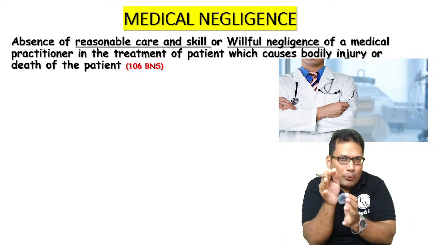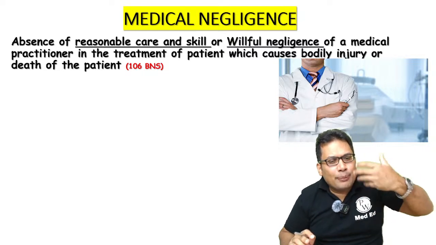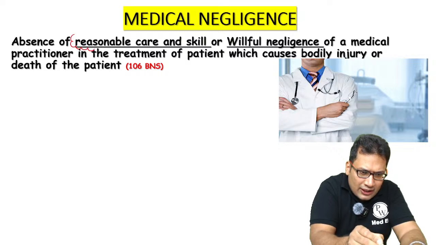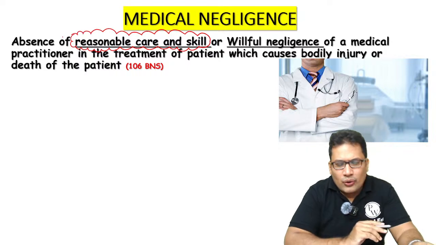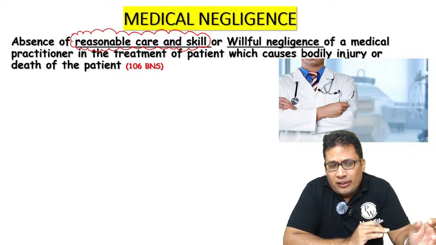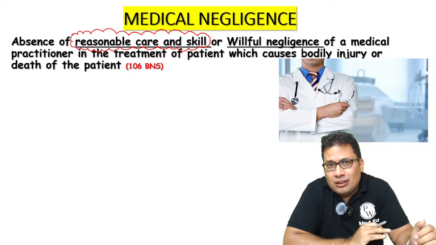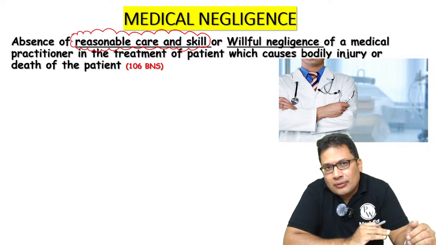Let's discuss some important concepts in the definition. Absence of reasonable care and skill. As you know, every doctor should have some knowledge about the disease and the treatment, reasonable enough to take care of the patient.